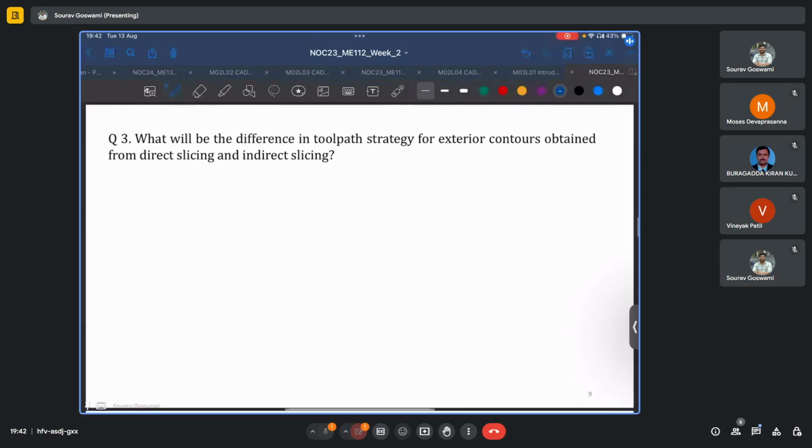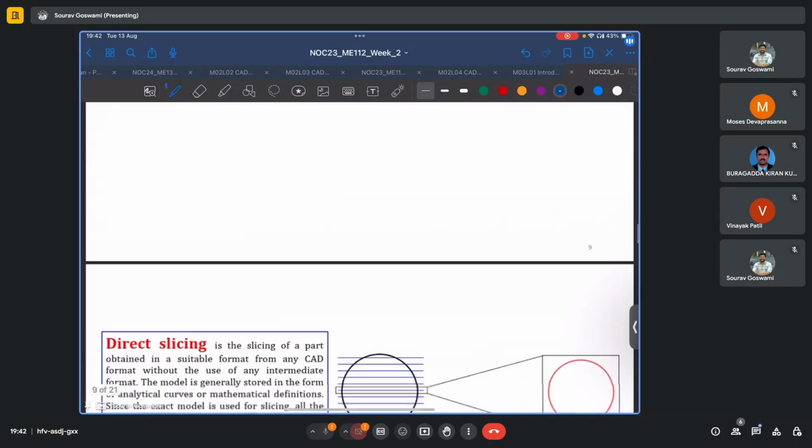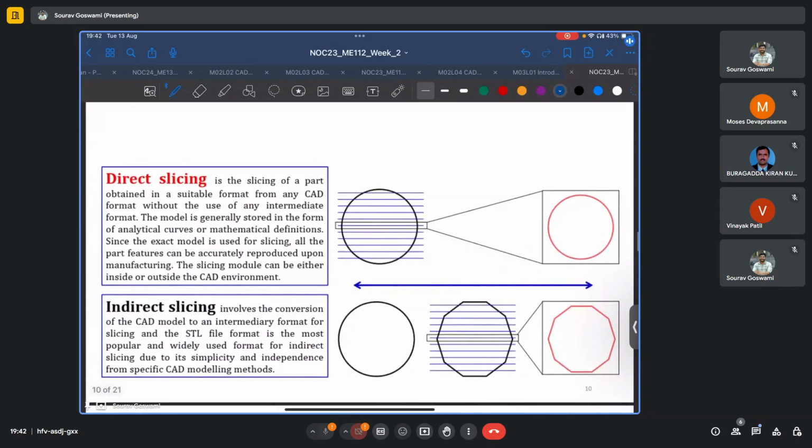The third question is asking us, what will be the difference in toolpath strategy for exterior contours obtained from direct slicing and indirect slicing? So I would like to take us back to the previous session where we discussed these concepts of direct slicing and indirect slicing.